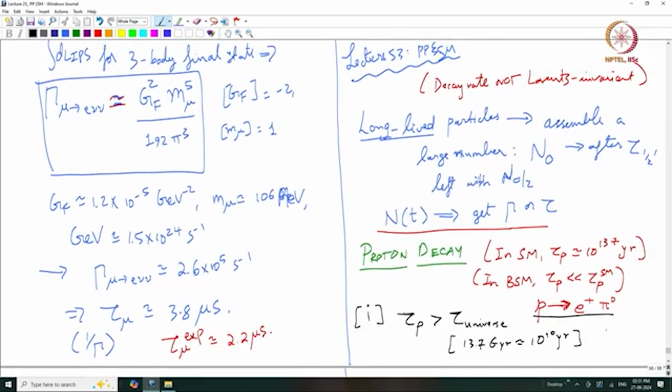A proton is a GeV in mass, right? So, this is a GeV, this is just 100 MeV, right, and this is like 0.5 MeV, right. It means you are almost dumping all this GeV energy into the positron, like 50% of the proton mass goes into the kinetic energy of the positron.